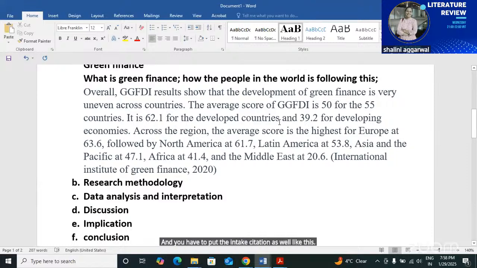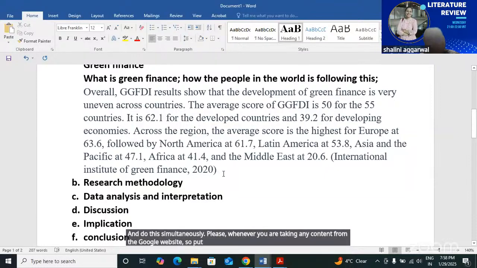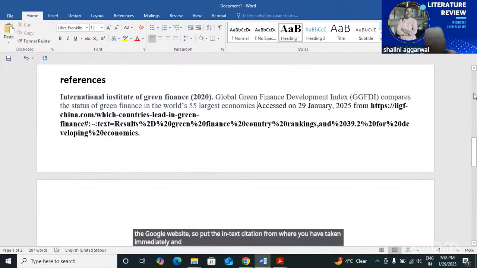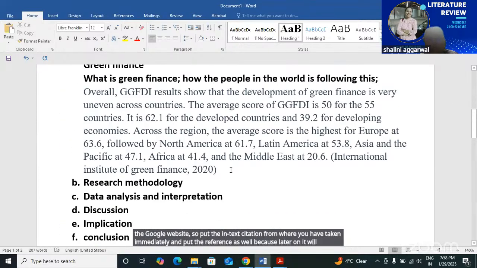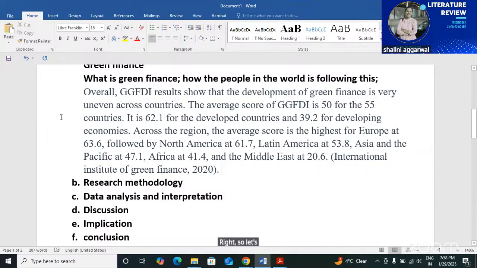And do this simultaneously. Please, whenever you are taking any content from the Google website, put the in-text citation from where you have taken immediately and put the reference as well, because later on it will become difficult for you to find it out, right? So let's move ahead now. So we were talking about the introduction section.